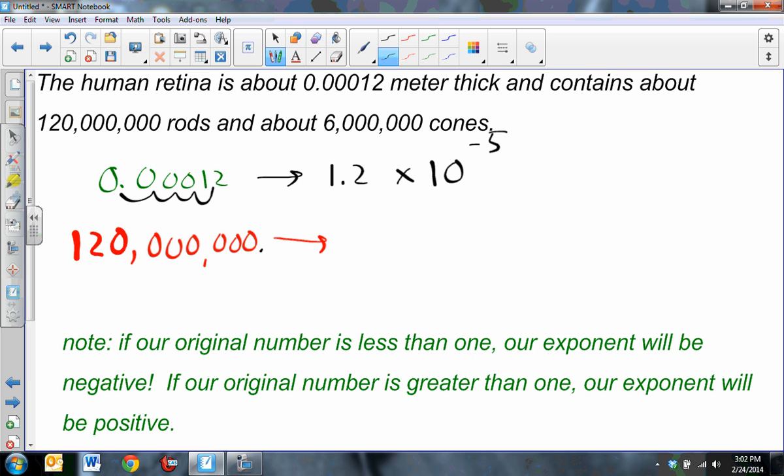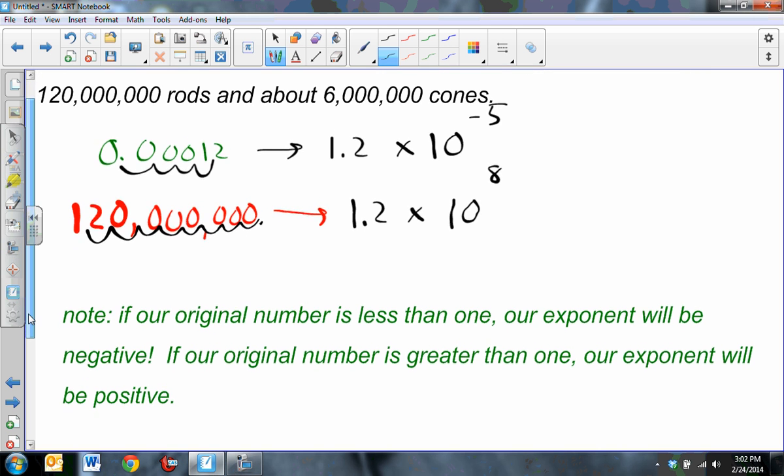So it's going to be 1.2 again, isn't it? So we got 1, 2, 3, 4, 5, 6, 7, 8 places until we get there. So we've got 1.2 times 10 to the 8th. Is it 10 to the positive 8 or 10 to the negative 8? Well, since our original number is more than 1, our exponent is going to be positive. Okay?